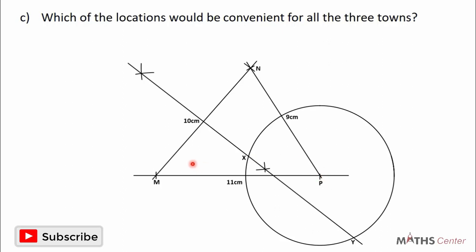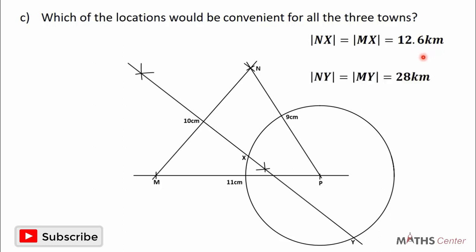So we have to consider traders from town N and traders from town M. We have seen from the second part of the question that the distance between town N and location X is the same as the distance between town M and location X, and both of them are 12.6 kilometers. We have also seen that the distance between town N and location Y is the same as the distance between town M and location Y, and both of them are 28 kilometers.